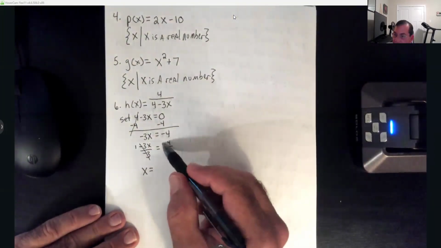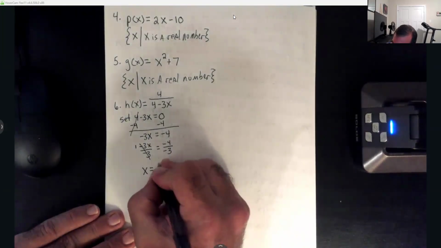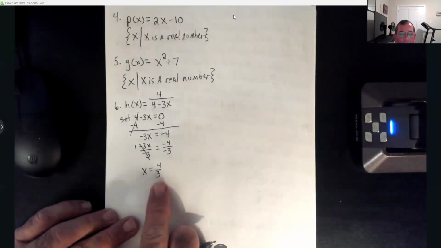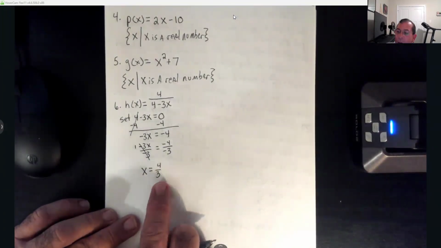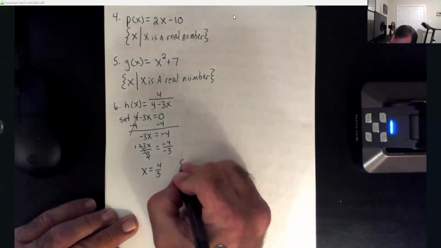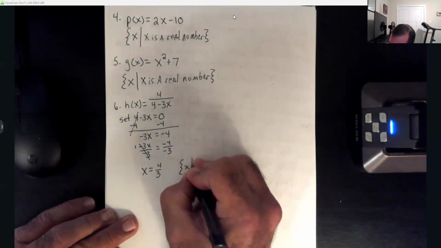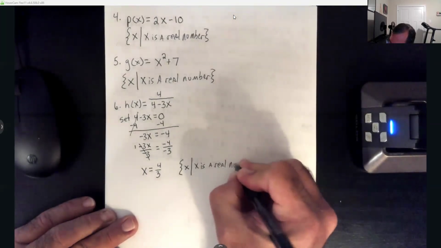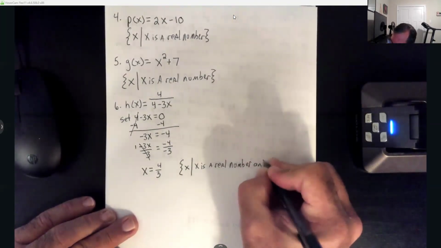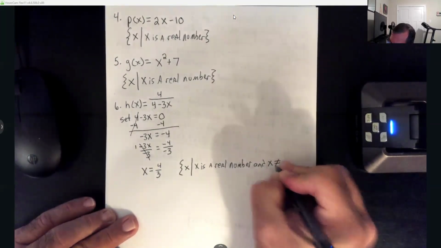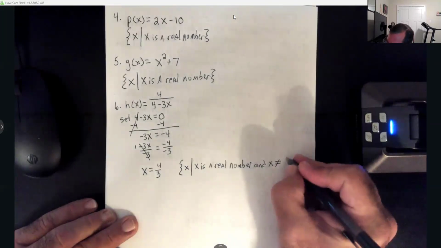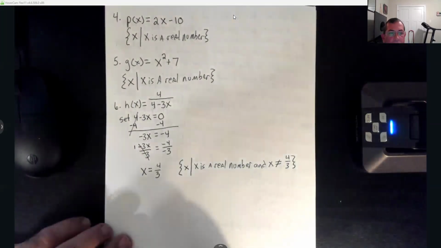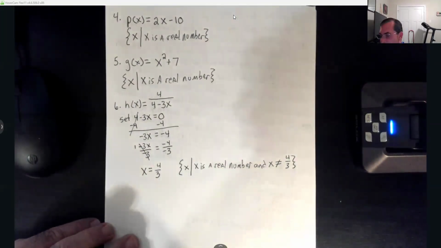Oh, and y'all look at that. Negative divided by negative is going to make that a positive 4/3. So for this one, my domain would be every real number other than 4/3. So x such that x is a real number and x cannot equal 4/3. Okay, so if you notice, the only ones I've had to do any work for was the fractions, okay?